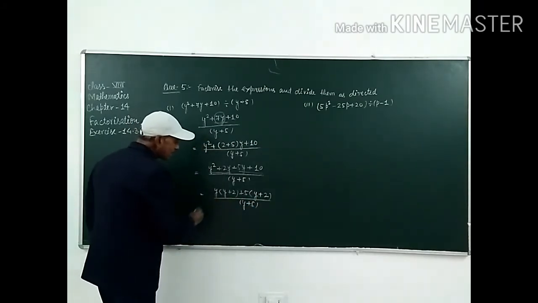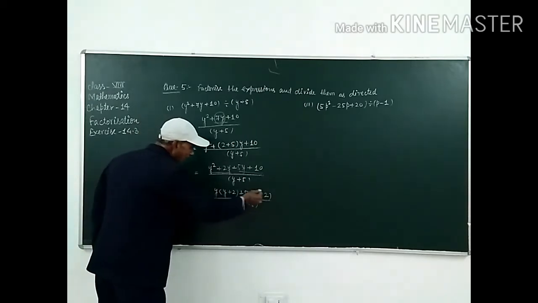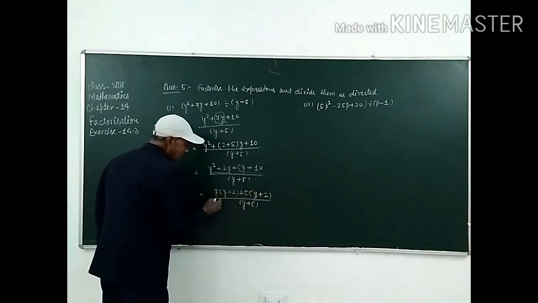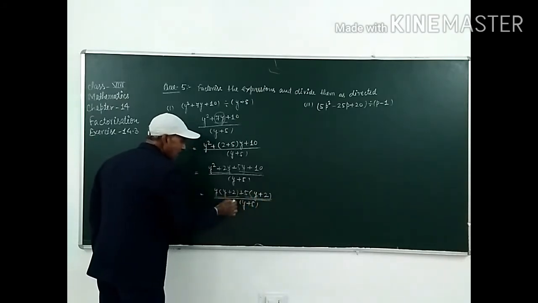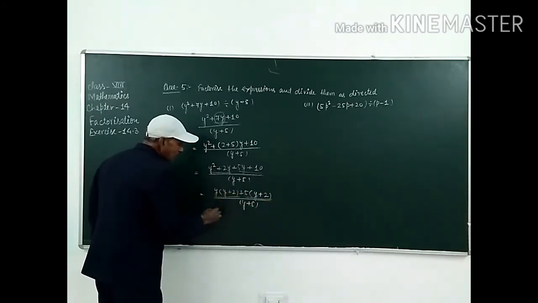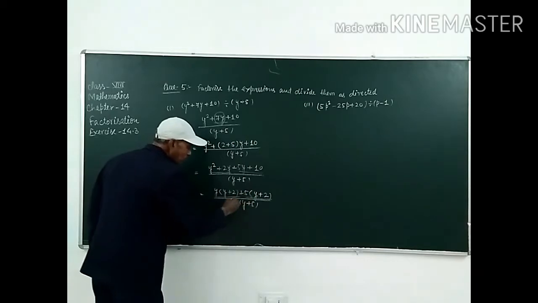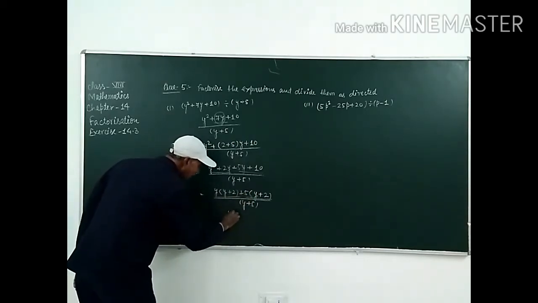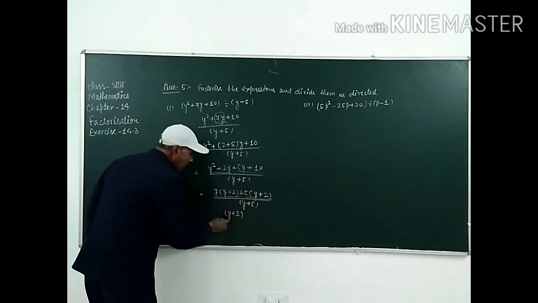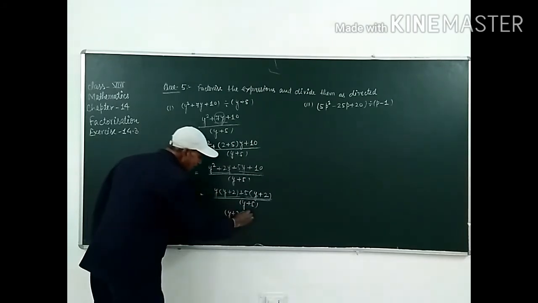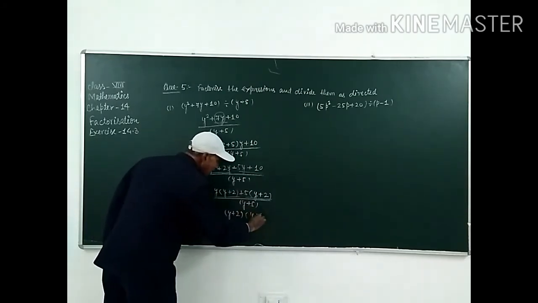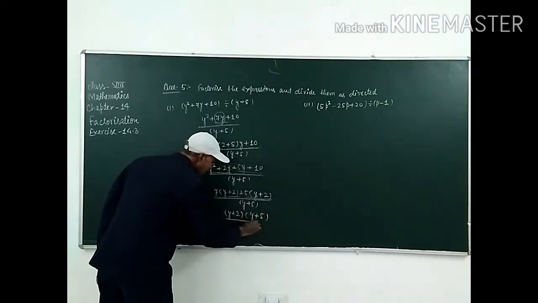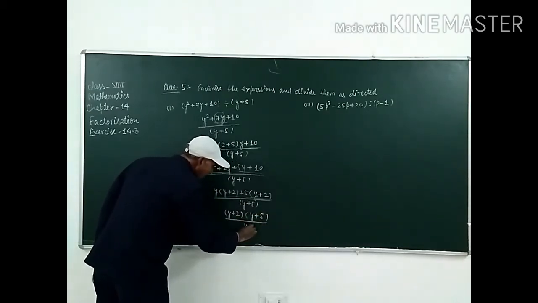And in the next step we have to take common in the whole expression. There are two terms, first term and second term, and in these two terms y plus 2 is common, and y plus 5 will remain in the next bracket, divided by y plus 5.